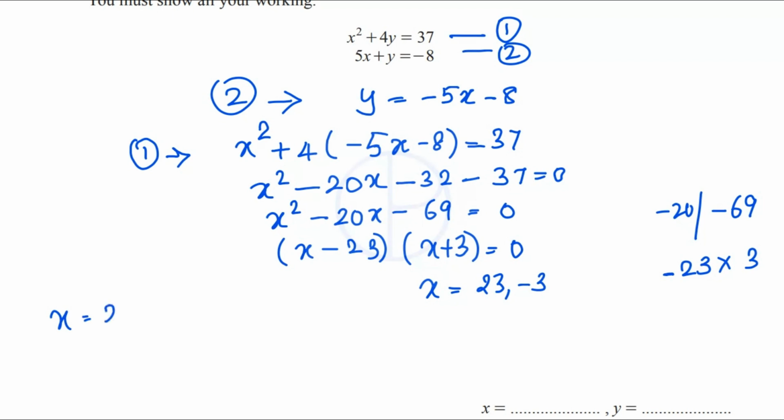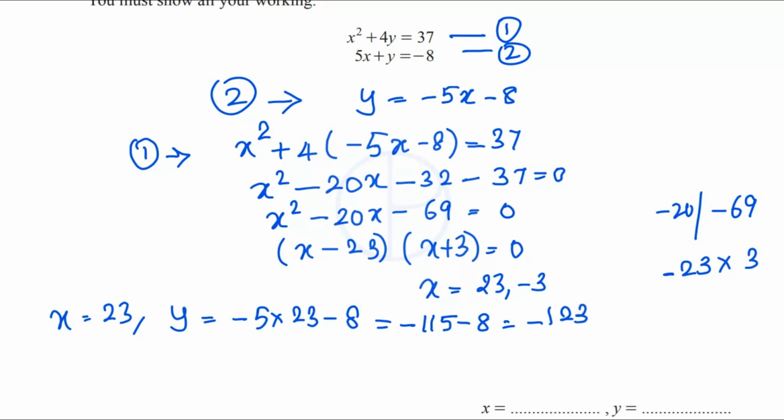So x is 23, then what is y value? y is equal to minus 5 times 23 minus 8, which is minus 115 minus 8, which is negative 123.